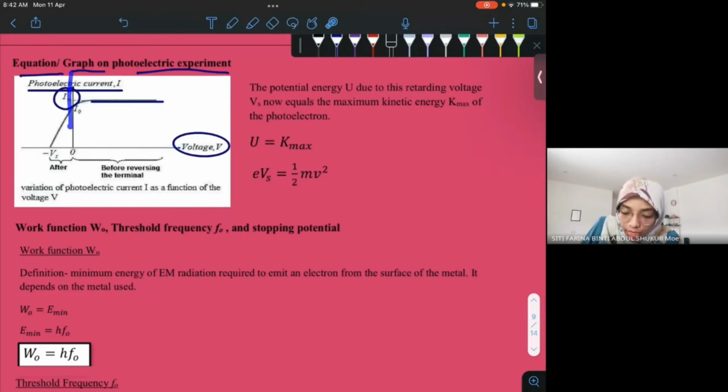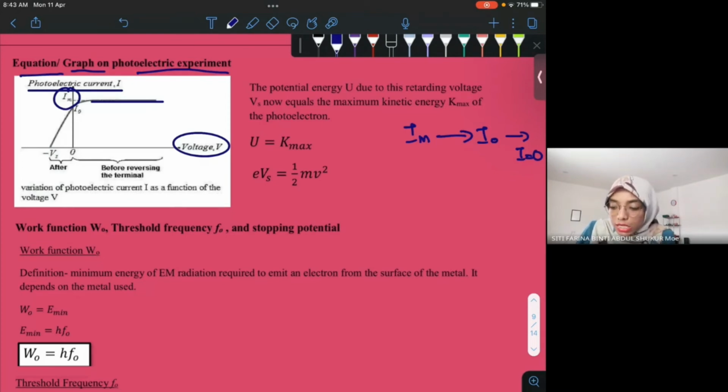So, kita punya y-axis here is going to show the variation of the current. X-axis akan show the variation of voltage. Voltage kita dua je, iaitu before you reverse the terminal dan after you reverse the terminal. Current kamu pula daripada IM to I0 sampailah I kita sama dengan kosong.